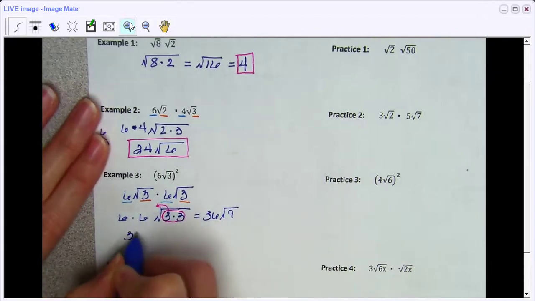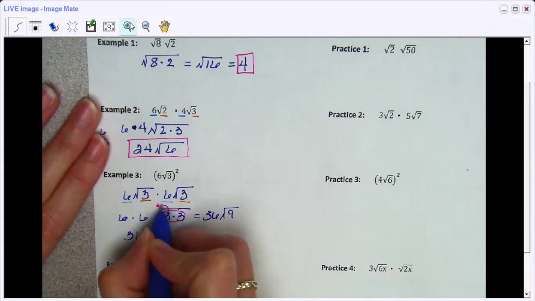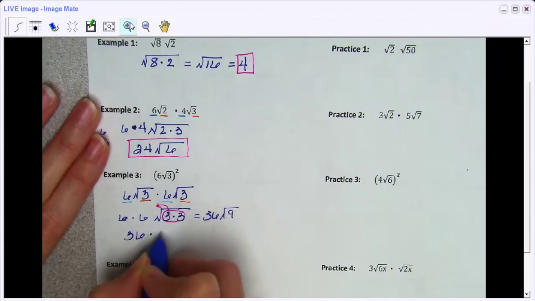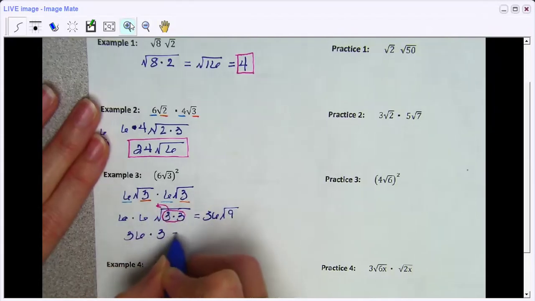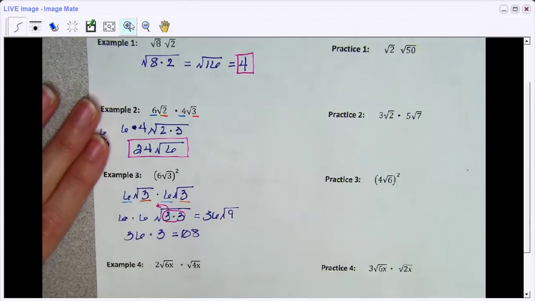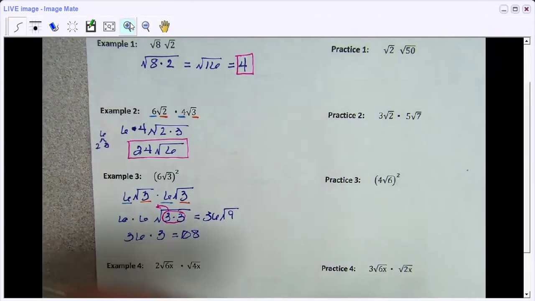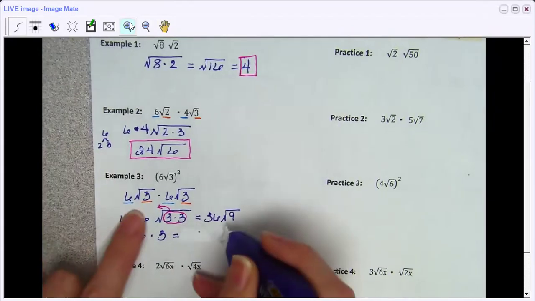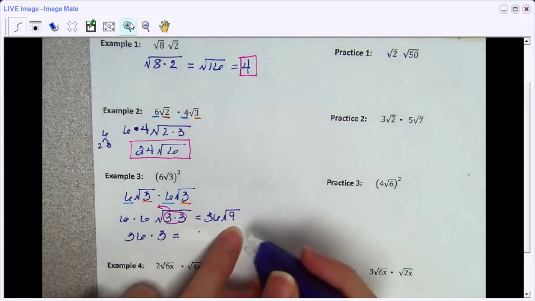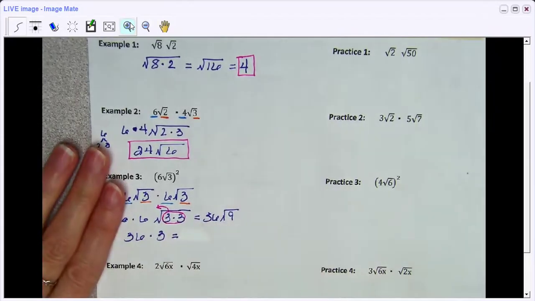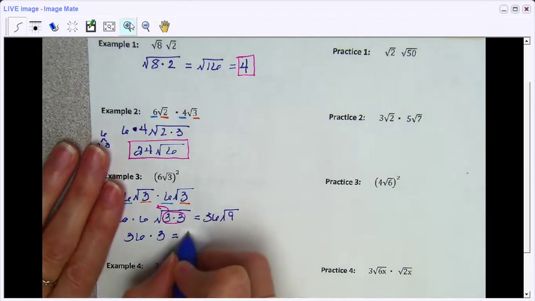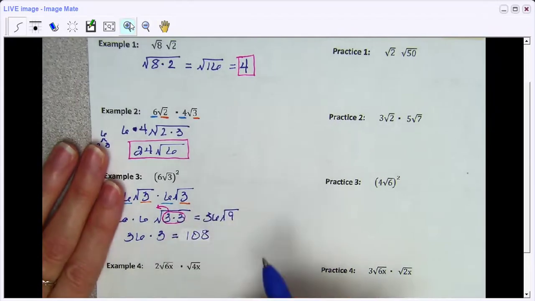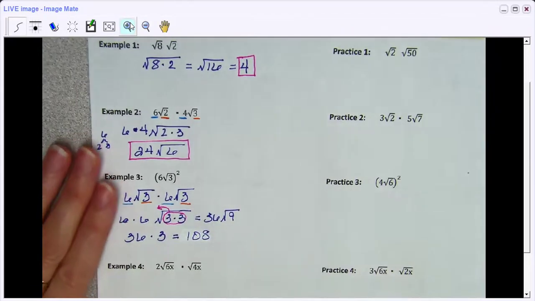We have 36 and we're pulling out a 3, so 36 times 3 equals 108. Whether you do it like this, coming straight down, or you do it here, either way, you would get the same answer.